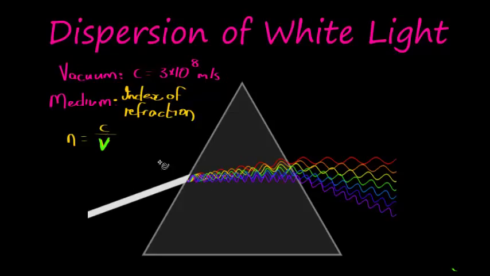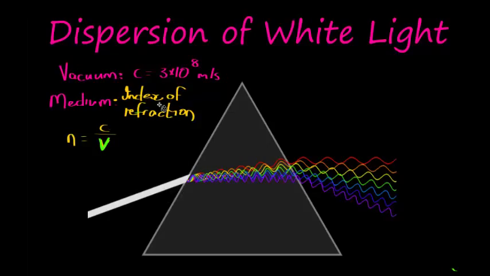So when light passes through a medium, it goes at a lower velocity, and if we take the speed of light divided by the velocity of that wave in that medium, we get what is called the index of refraction. In other words, it can almost be considered as a ratio of how much the speed of light is being reduced.